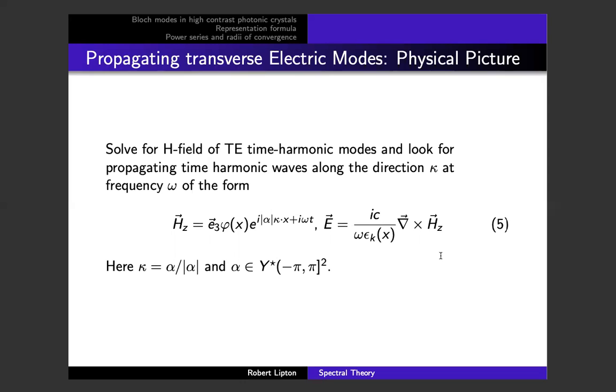And again, kappa is the direction of the traveling wave. You can see here, kappa is just the unit vector written in polar coordinates of alpha in the first Brillouin zone, and the magnitude of the wave number is the magnitude of alpha. And then we have our H, and then we can find our E.